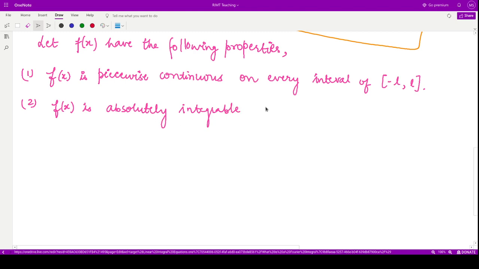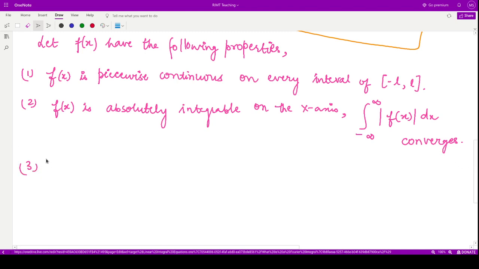So f of x is absolutely integrable on the x-axis. That means if you take the whole of the real line and integrate the absolute value of this function, this value should be convergent in nature. That means it will give you some finite result.